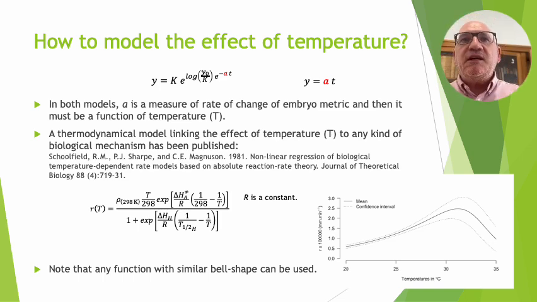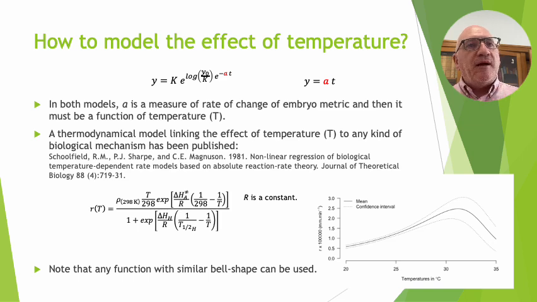So we must include the temperature in the two previous equations that are recalled here, Gompertz at the left and the linear model at the right. In both models, A is a measure of the rate of change of the embryometric, and it must be a function of temperature.